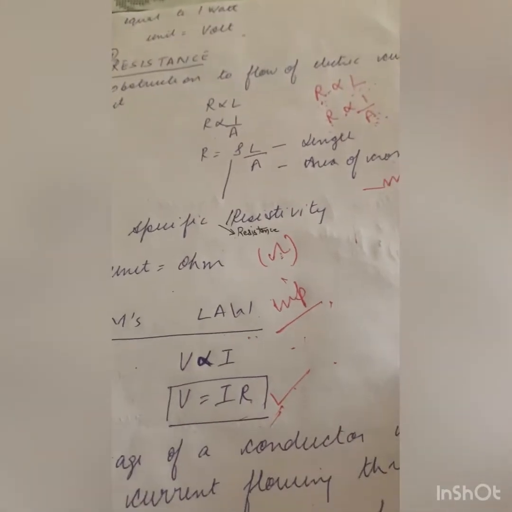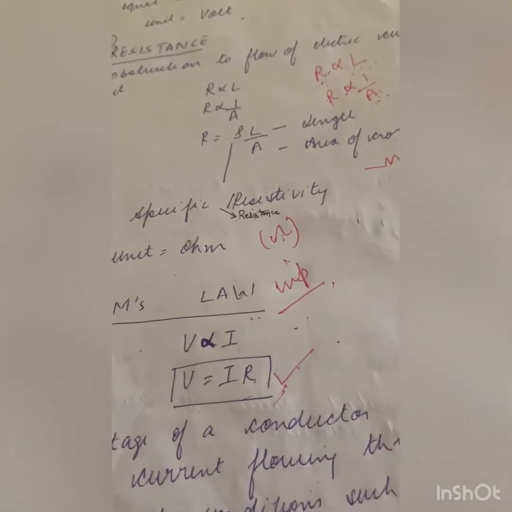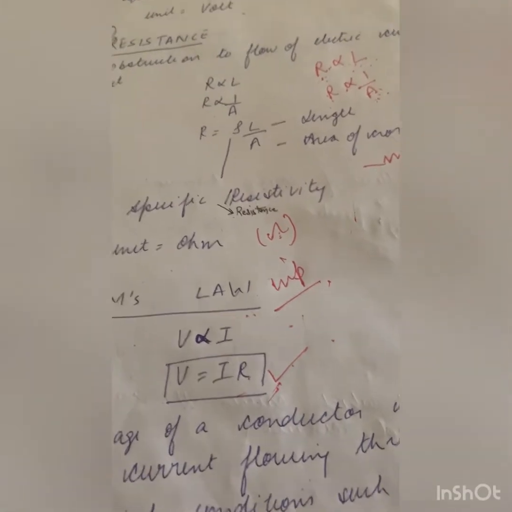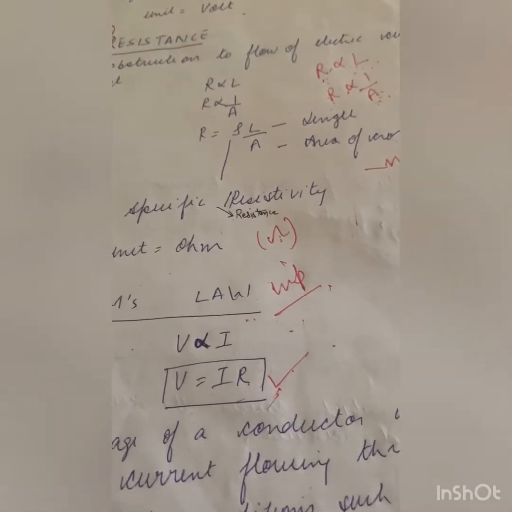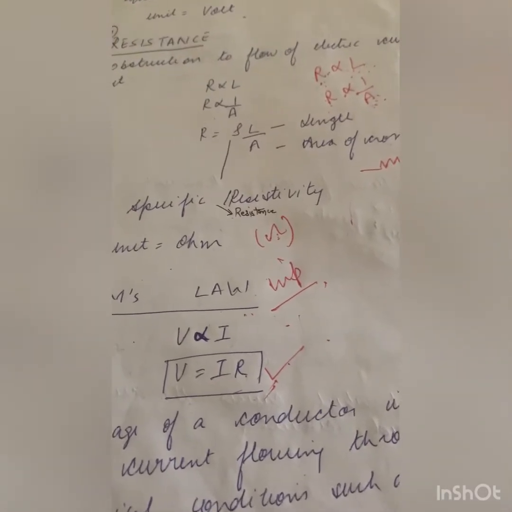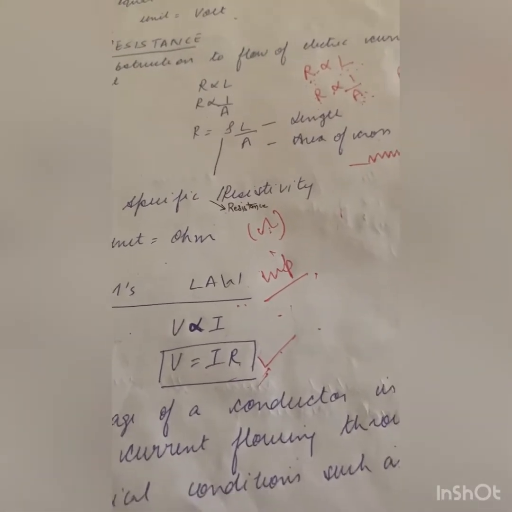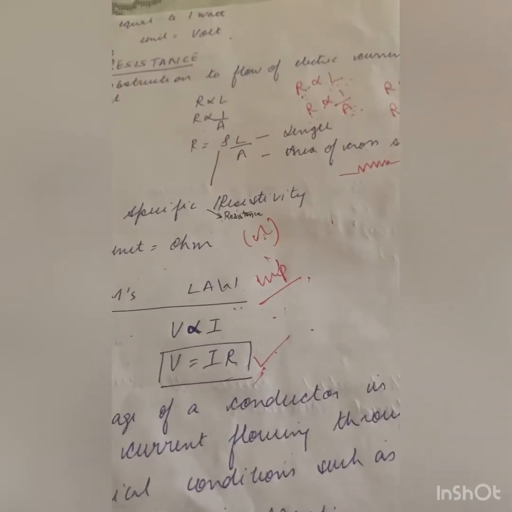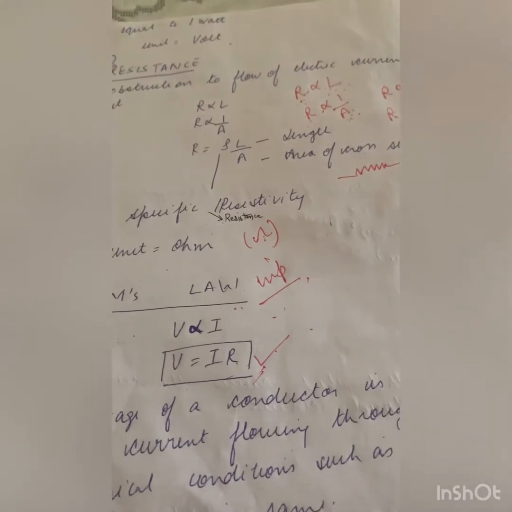Now comes resistance. In your final exam, in section B, every time there is a question: what is resistance? What are its units? Give a formula for resistance and write down the various quantities on which resistance depends. This is a question of 5 marks and it comes almost every year.